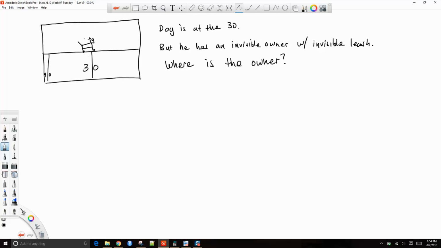So we see the dog at the 30, but we want to know, where is the owner? And the owner is invisible and has an invisible leash. We do know a few things about the behavior of the dog. It's an elastic leash. The leash is elastic. And we know about the behavior of the dog.